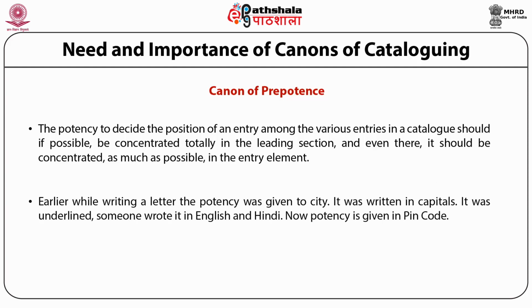Earlier, while writing a letter, the potency was given to the city. It was written in capitals. It was underlined. Someone wrote in English as well as in Hindi. Now, potency is given in the pin code.